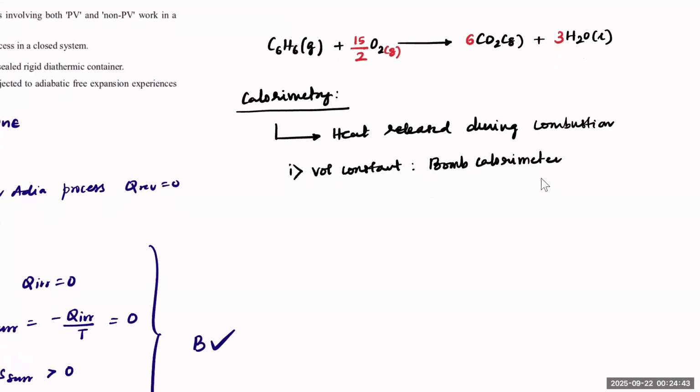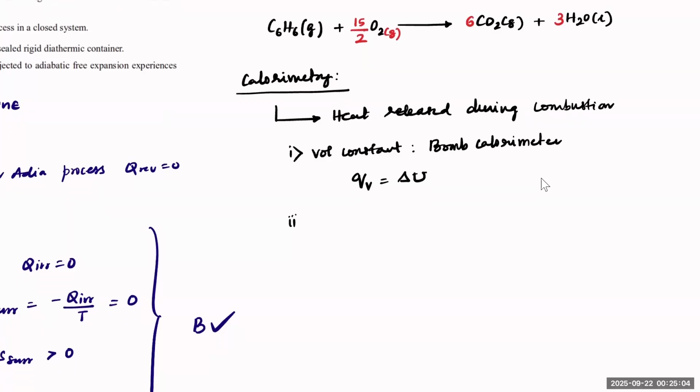In a bomb calorimeter, whatever heat is released during the reaction will only increase your internal energy because there is no work done here. So whatever heat is released is saved into internal energy change.